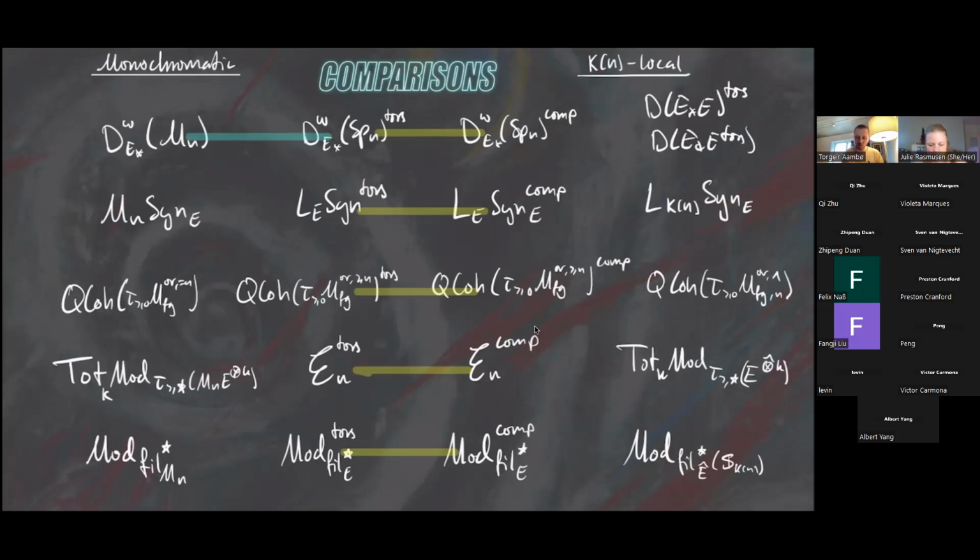And I said that you can't do this for completion, but all of these, which I'm now painting in blue, are an analog of this phenomenon happening. So it's about pulling torsion information inside of the derived construction in some way.